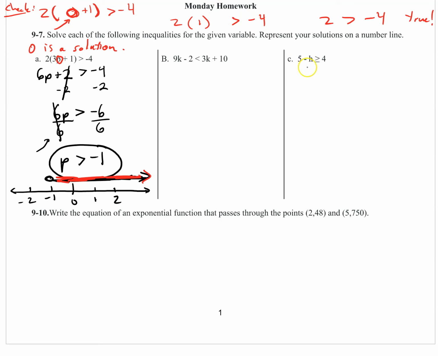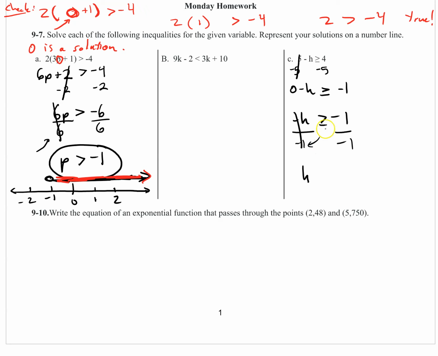Solve for H. First, I'm going to subtract 5 from each side. 5 minus 5 is 0, so it's 0 minus H is greater than or equal to -1. Now 0 minus H is -H, and that's important because we have to divide both sides by -1. -H divided by -1 is H, since a negative divided by a negative is positive.